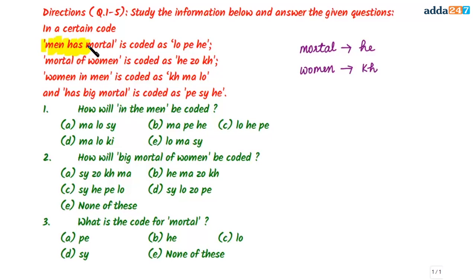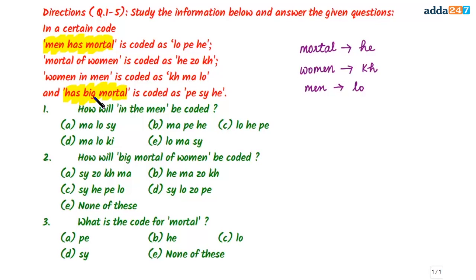If we see the first sentence, "men has model", and the third sentence, "women in men", we can see that in these two sentences, men is common. So if we look at the first and the third code, we can see that LO is common. So that would mean that men stands for LO. And if we look at the first and the fourth sentence, first is "men has model" and fourth one is "has big model".